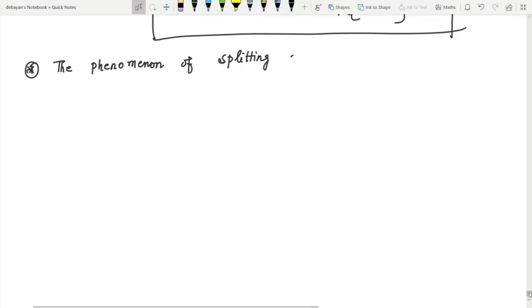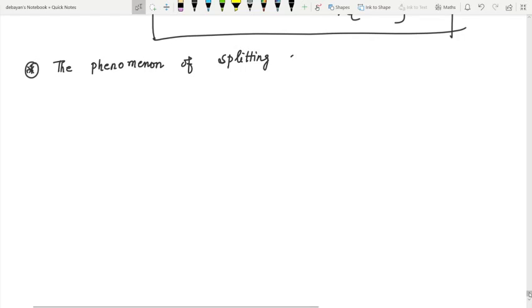Helium is producing the constituent color. Say when white light passes through a glass, that is called dispersion of light.